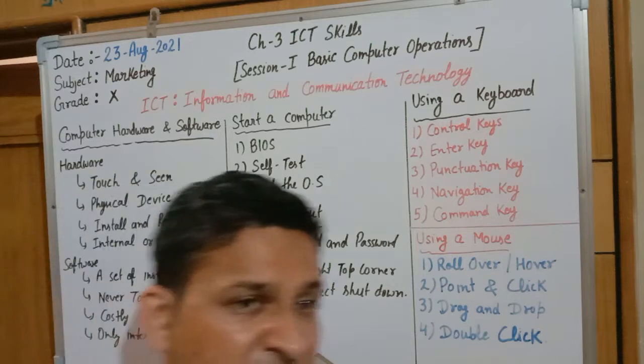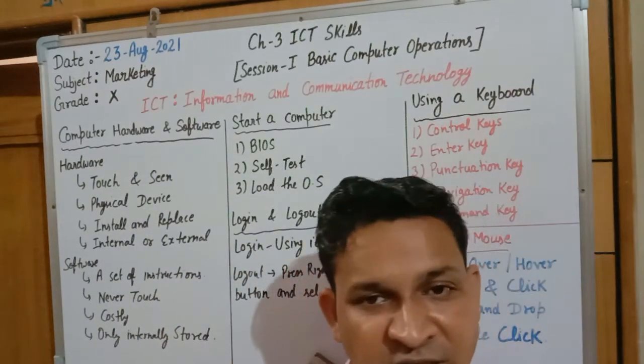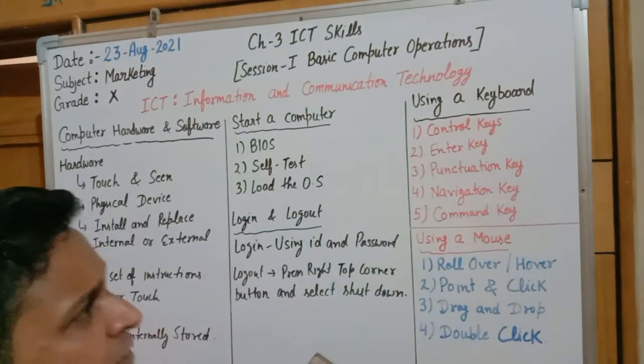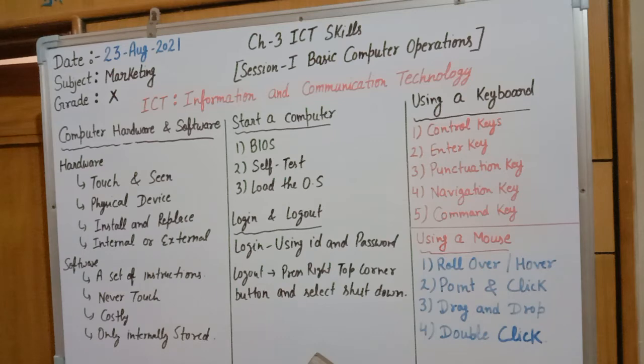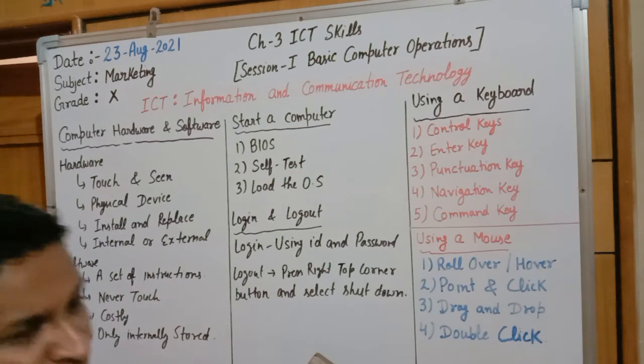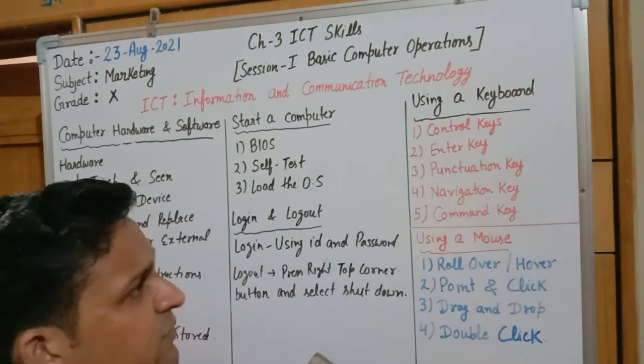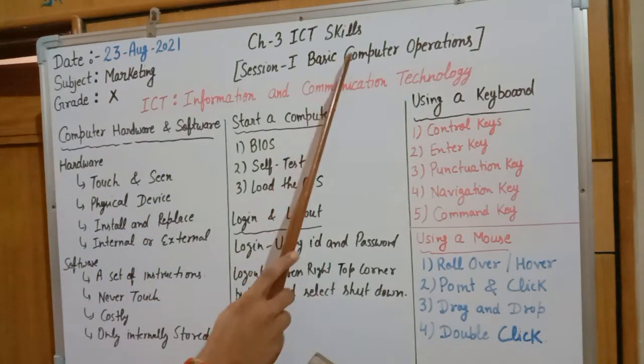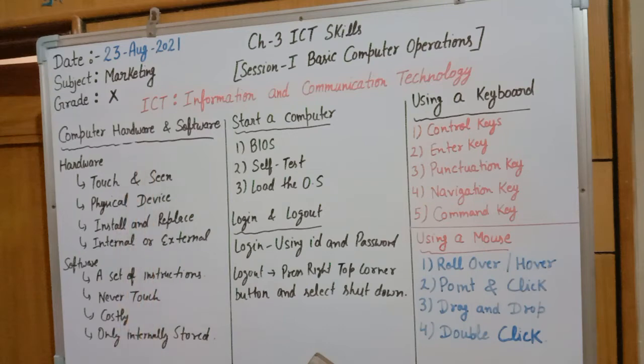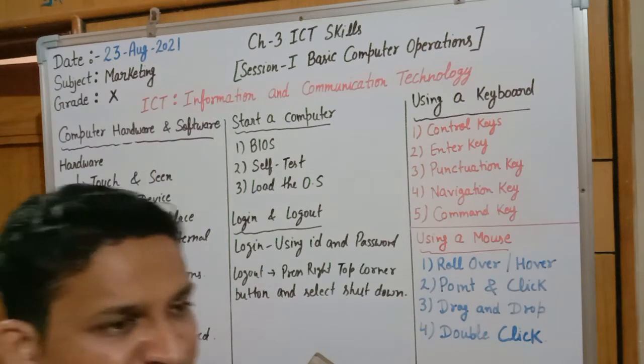Either it is mobile, laptop, smartphone, or your computer system. So it is a medium to store, transfer or edit the information with the help of specific technology that is known as ICT. So in this first topic we are covering computer hardware and software.